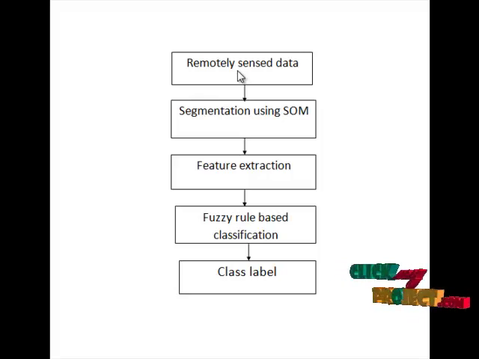Then we separate each and every sample and give it as an input to the segmentation process. In the segmentation, we use SOM based segmentation. In this stage, it segments the given images into several classes. This is done by the neural network stages. After the segmentation process is done, we extract the feature values from the separately labeled pixels.